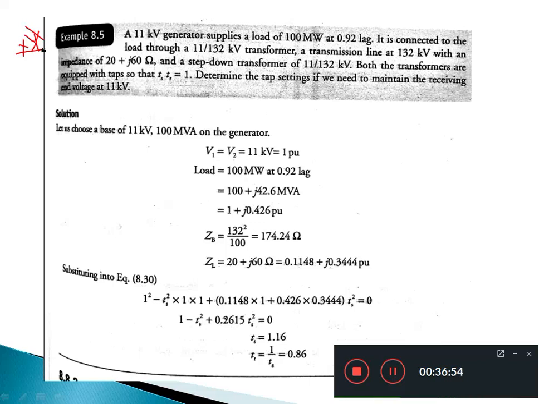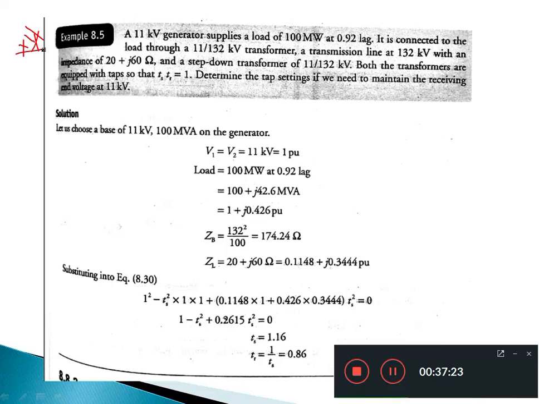Let us choose the base of 11 kV and 100 MVA. So V1 is equal to V2; both systems have a voltage of 11 kV. Converting into per unit, divide by 11 kV. Then the load is 100 megawatt at 0.92 lagging, so we have to consider the power factor.